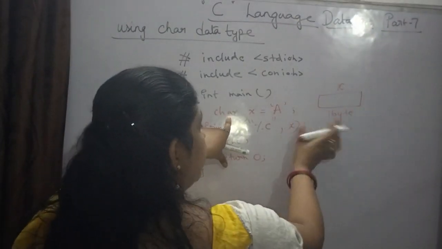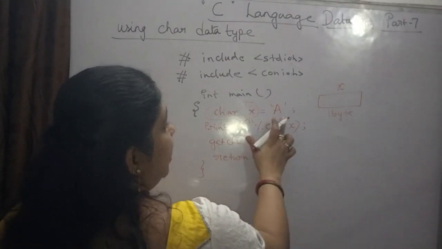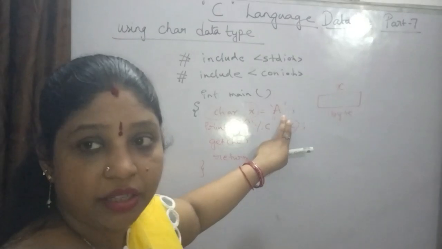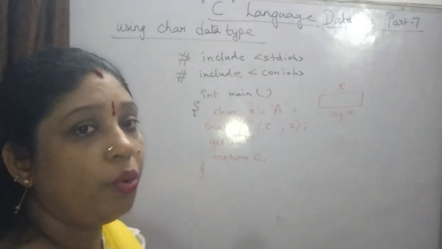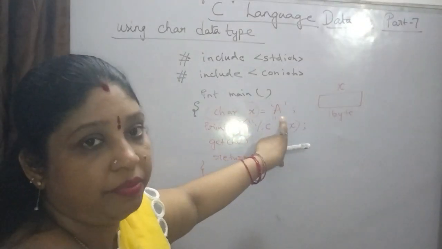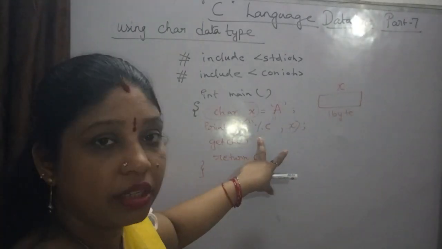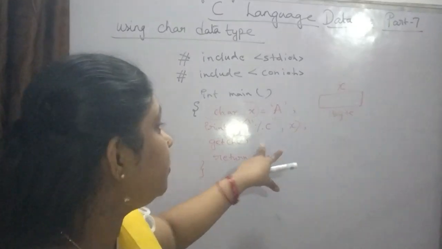That is the meaning of this. Next, what I did, I have assigned a capital A character to this x. So when it sees that I have given character A, next it will not display anything.